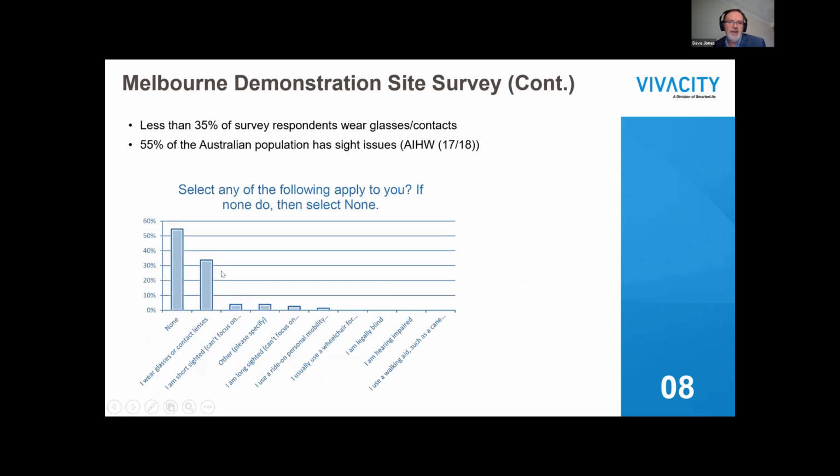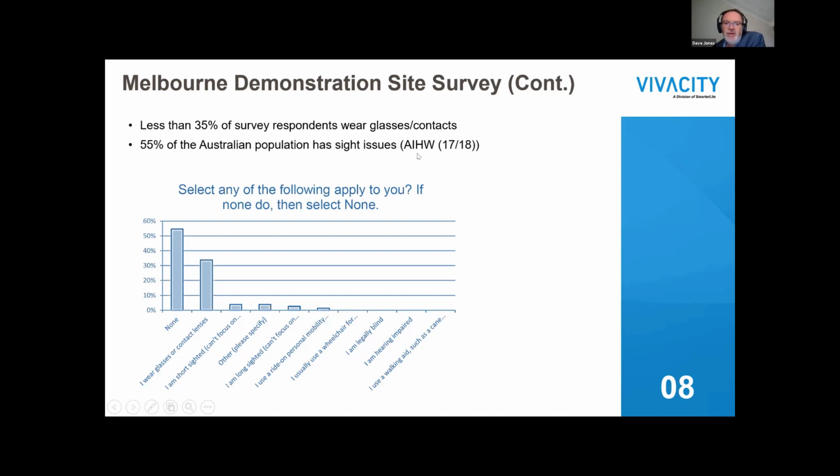We also looked at social media, which we'll come to shortly, which identified a lot of people who were short-sighted and had other sight-related issues when we developed the survey questions. So we asked people if they had any conditions that might affect their sight, for example, and you can see the questions, or whether they had other mobility impairments that might influence their thinking, and you can see that 35% of survey respondents said they wore glasses or contacts.